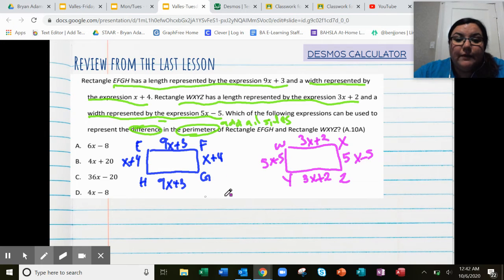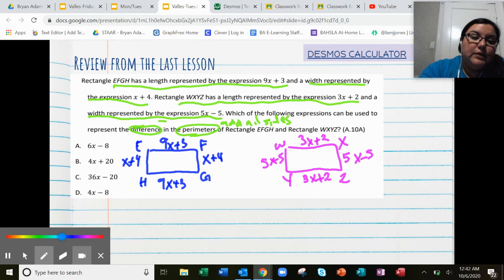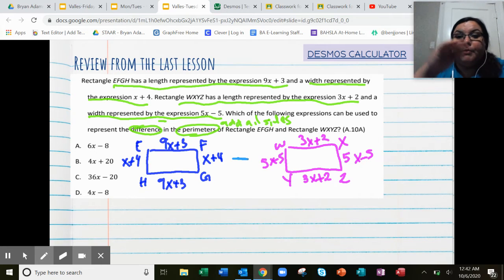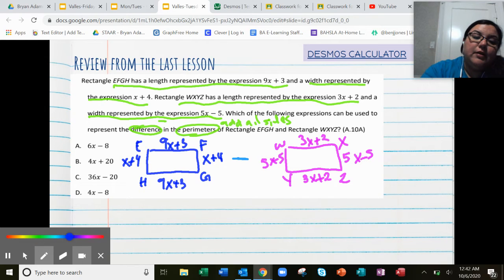Once we have that perimeter, we want to find the difference. So the difference is going to be this here. We're going to have to subtract both of those rectangles. I'm going to start off with finding the perimeter of this first rectangle.